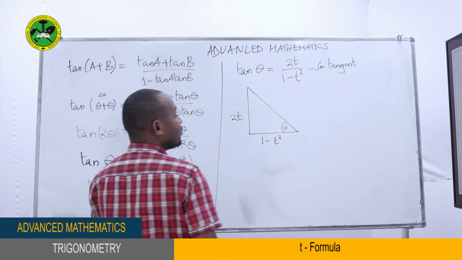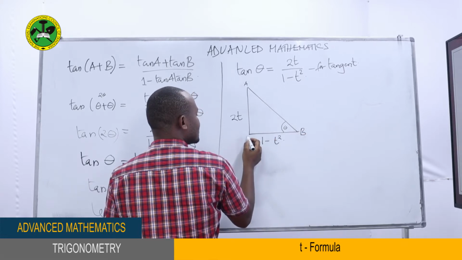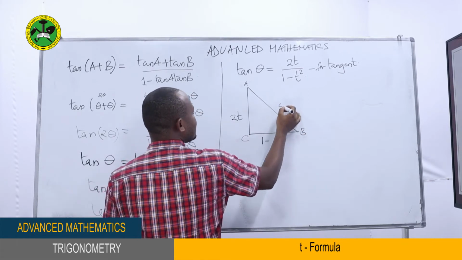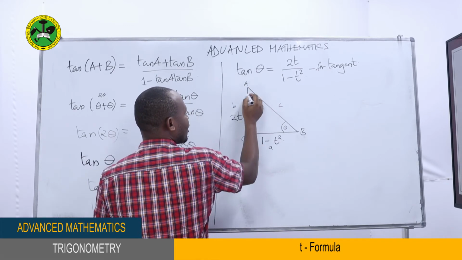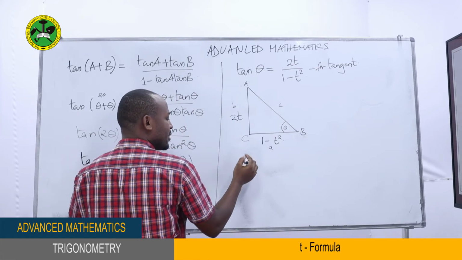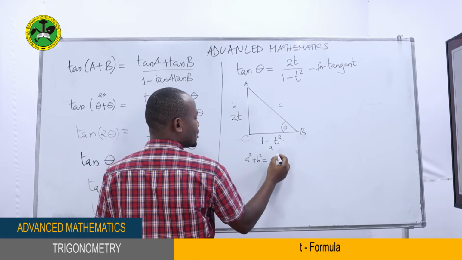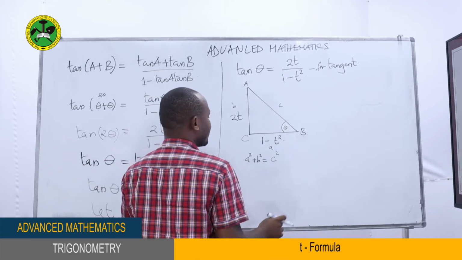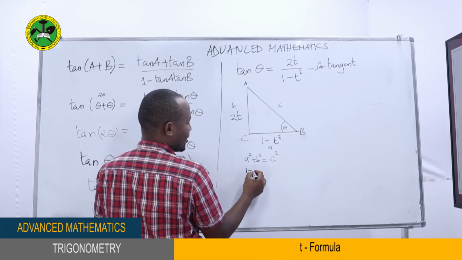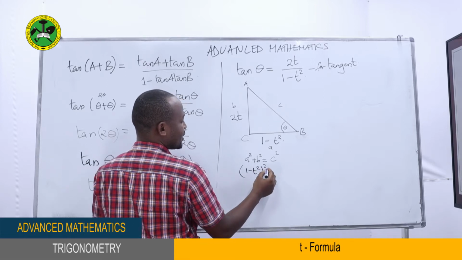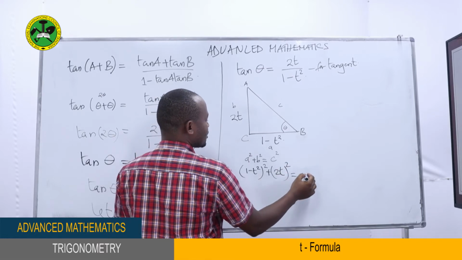That is to say, if we call that A, that B, and that C, this will be side C, this will be side B, and this will be side A to that angle. By Pythagoras, we know that A square plus B square is equal to C square. Using Pythagoras theorem, we know that A is 1 minus t square, and all of that is squared, plus B is equal to 2t, and all of that is squared, is equal to C square.